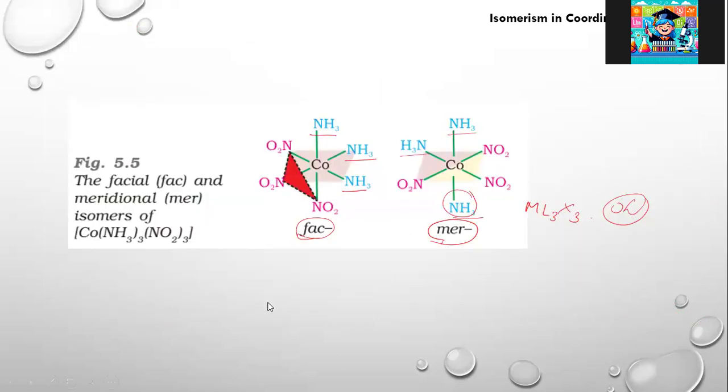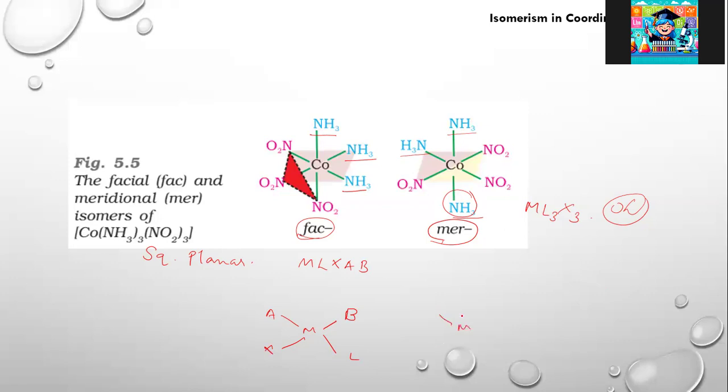Also, for square planar complexes of type MLXAB, we have three isomers: two cis isomers and one trans isomer.